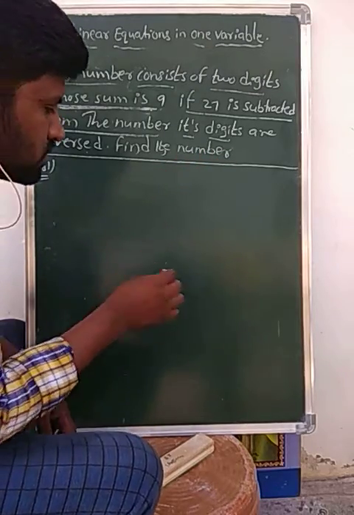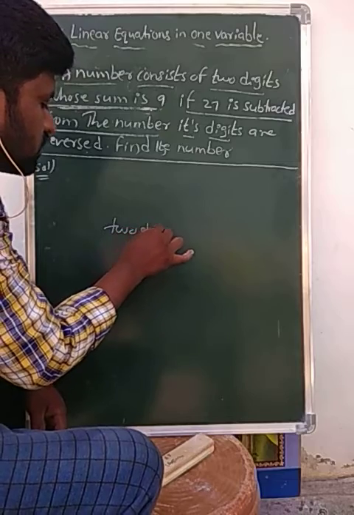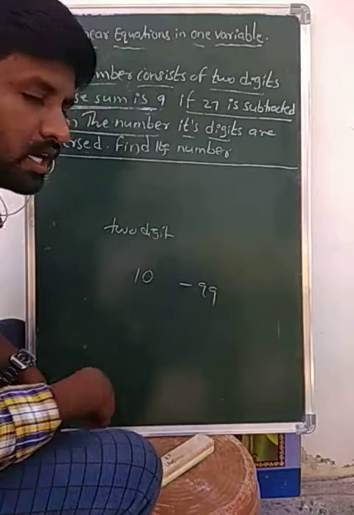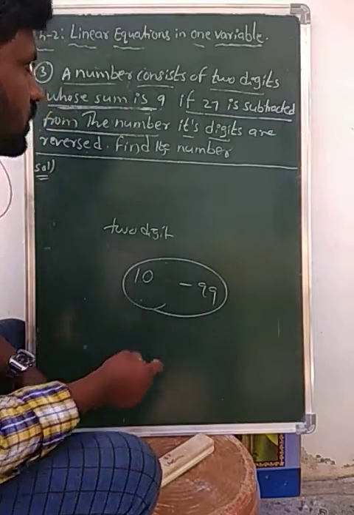So 2-digit number means what? We know 2-digit numbers start from 10 and end with 99. So in this, it is some number.